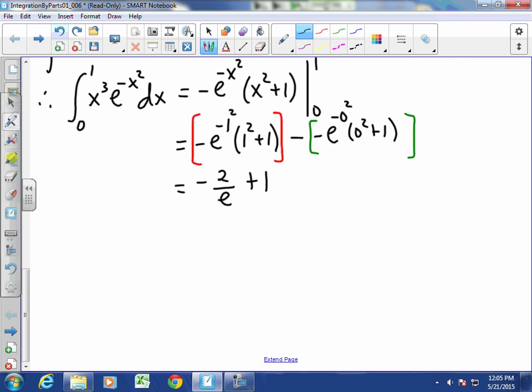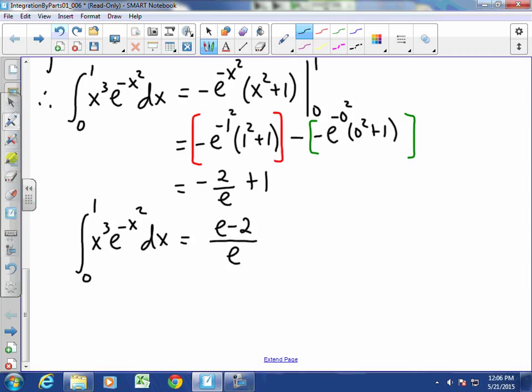So the integral from 0 to 1 of x cubed e to the negative x squared dx is (e minus 2) over e.